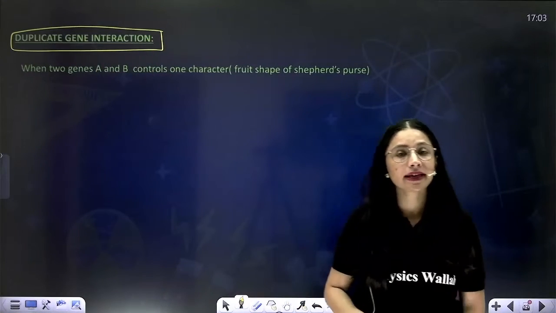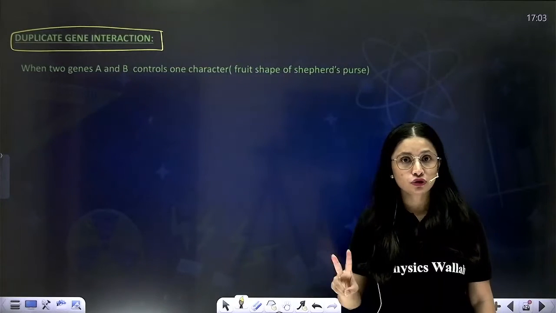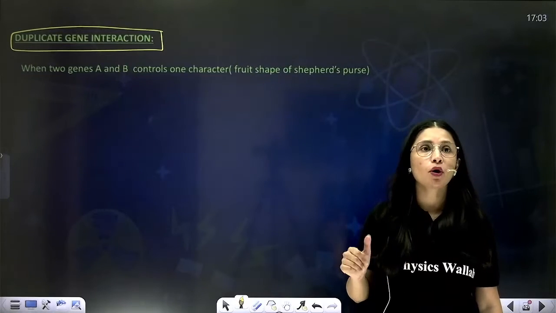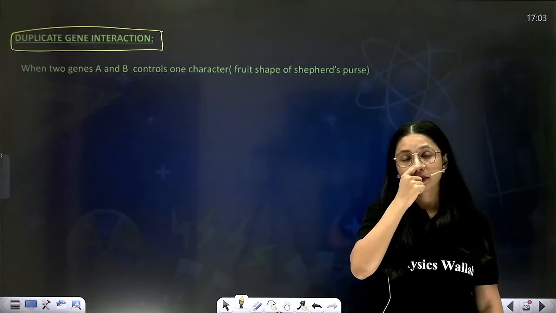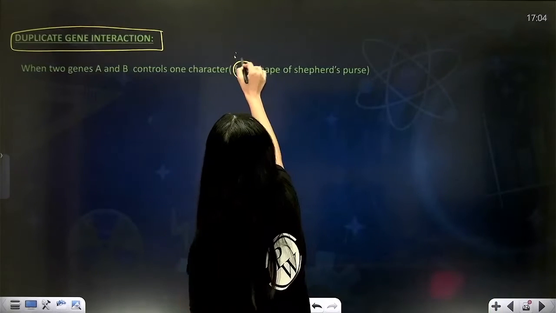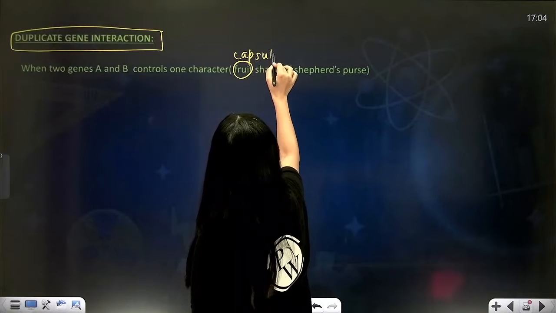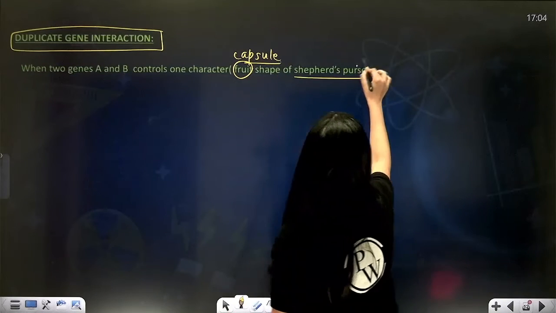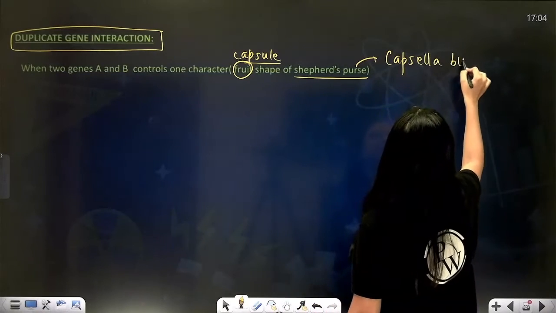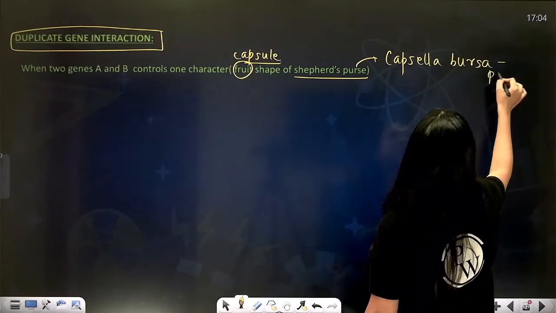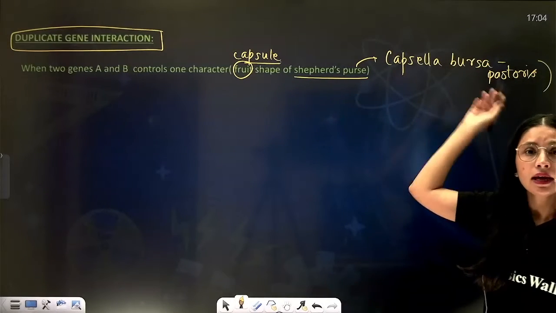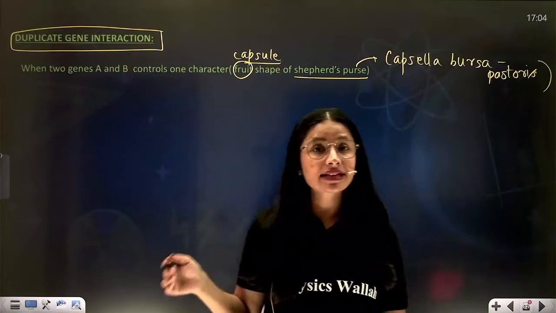Here, beta, in duplicate gene interaction, you will see that the two genes A and B are controlling the capsule, the fruit shape of shepherd's purse, which is Capsella bursa pastoris. So fruit means capsule shape. Shepherd's purse is the common name, and Capsella bursa pastoris is the scientific name.